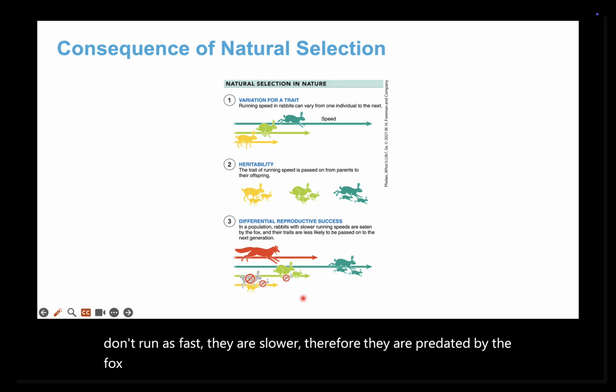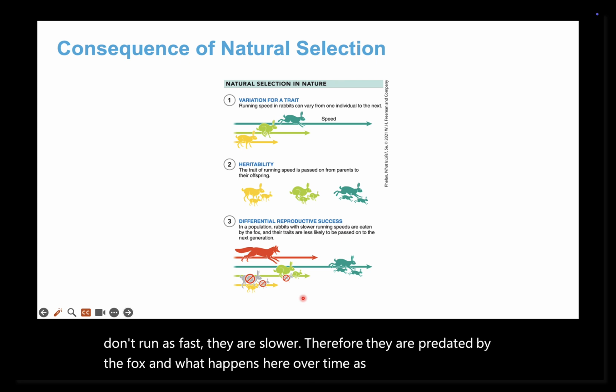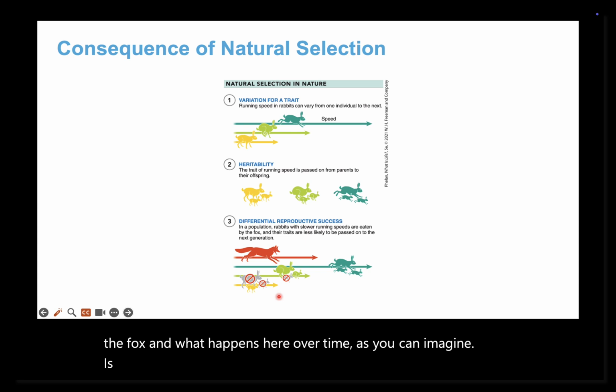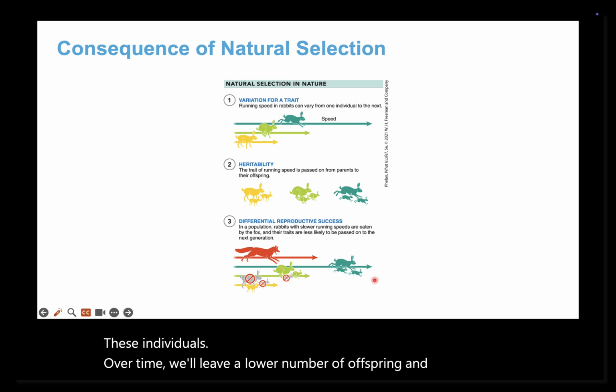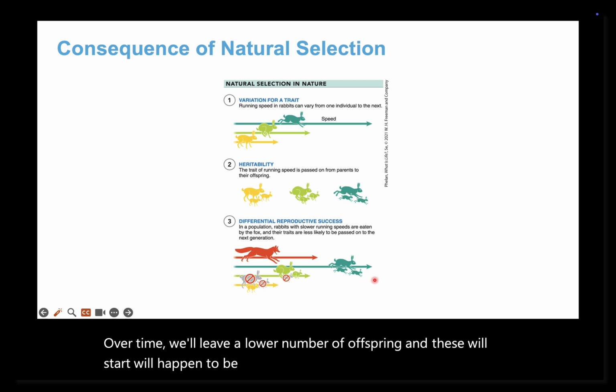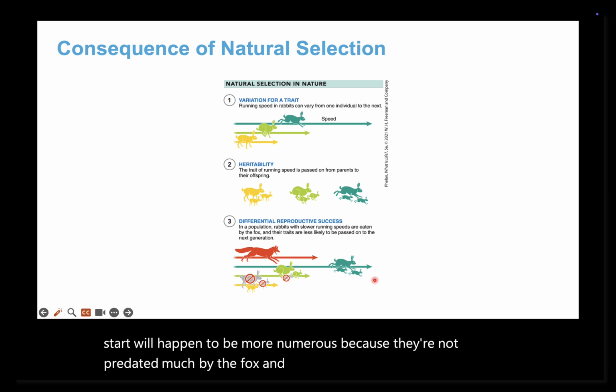And what happens here over time, as you can imagine, is that these individuals over time will leave a lower number of offspring, and these will happen to be more numerous because they are not predated much by the fox, and because of that they leave more and more individuals.